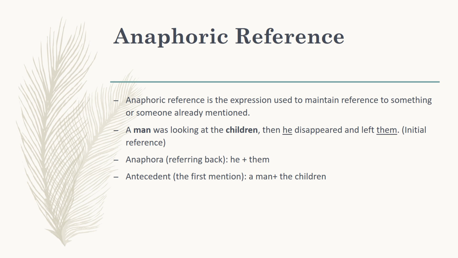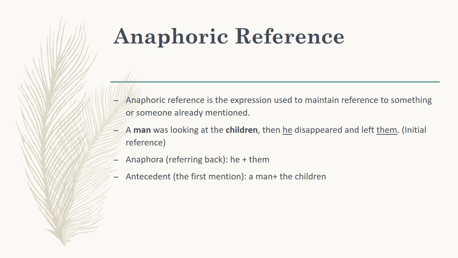Let's see this sentence. A man was looking at the children, then he disappeared and left them. A man, this is what? A reference, right? A noun reference. Was looking at the children. Children is also what? A reference.